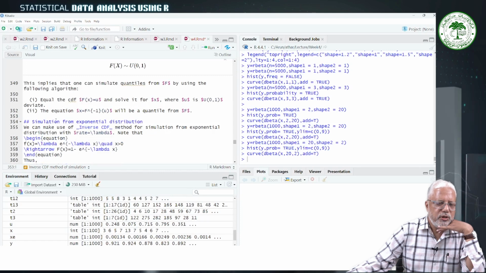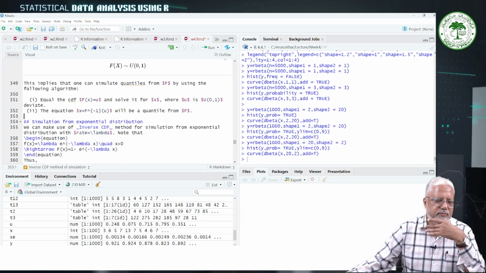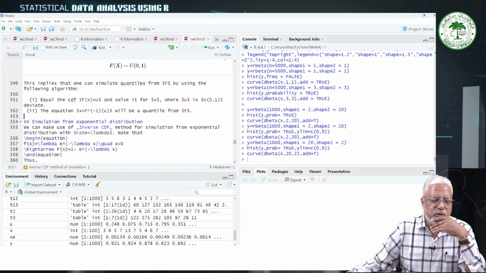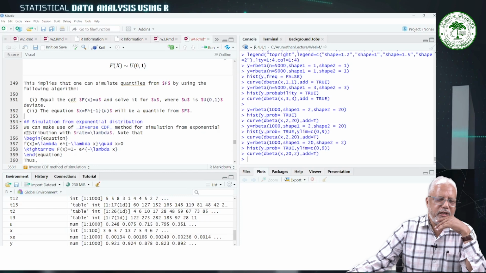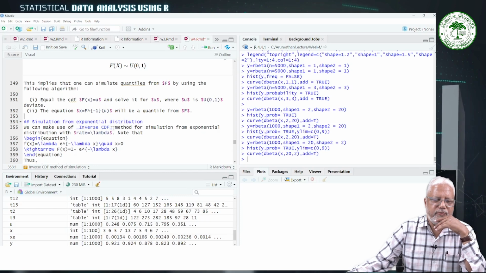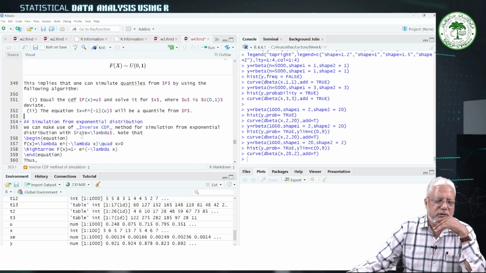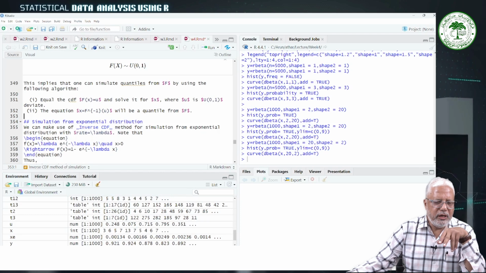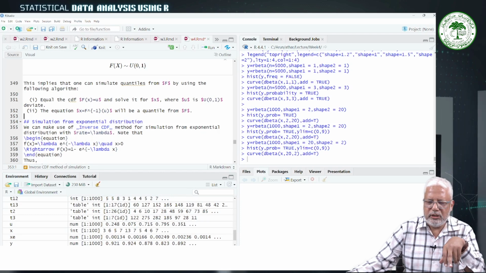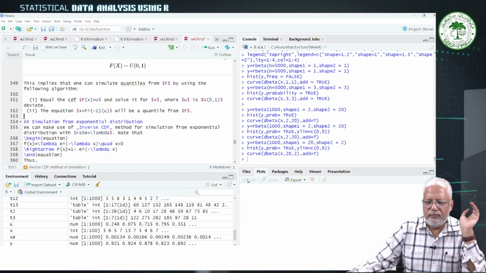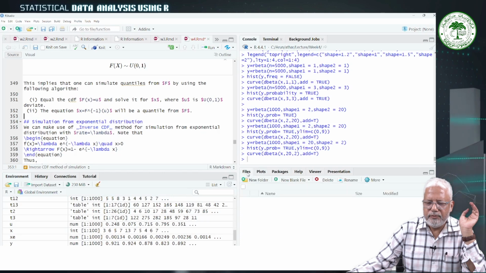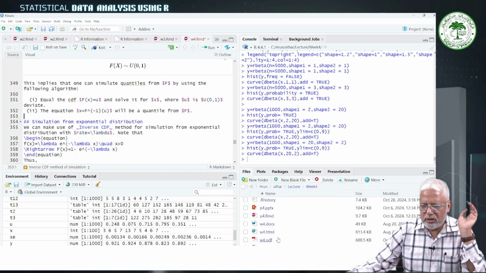Now we can get simulation from exponential distribution. We can make use of the inverse CDF method for simulation from exponential distribution with rate equal to lambda. Note that, I would like to show you these things in the form of PDF because there it is more clear.